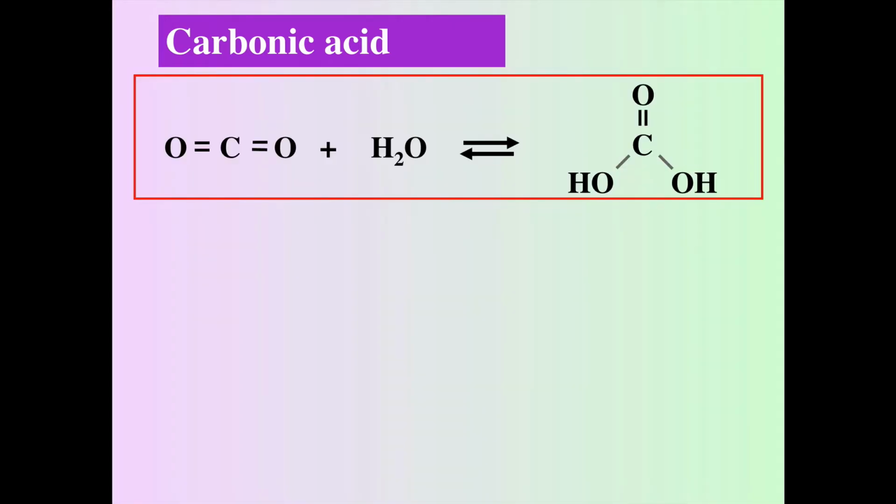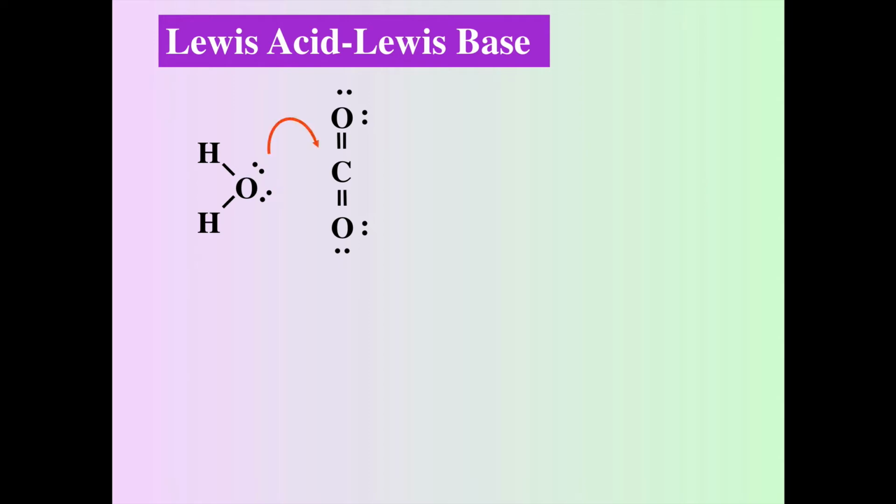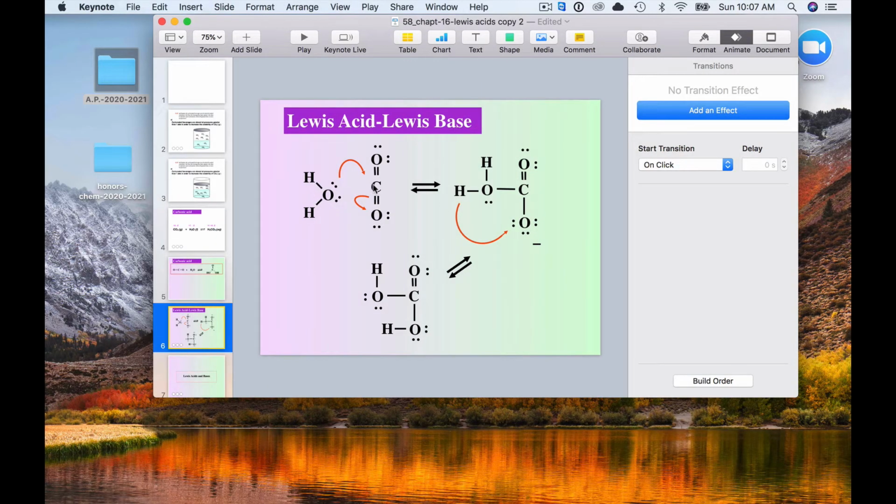Well, this reaction fits into this category called a Lewis acid-base reaction, where I have something that's an electron pair donor and I have something that's an electron pair acceptor. If you remember from bonding before, in order to form a bond between two atoms, this one donates an electron to the bond, this one donates an electron to the bond, and we get a bond.